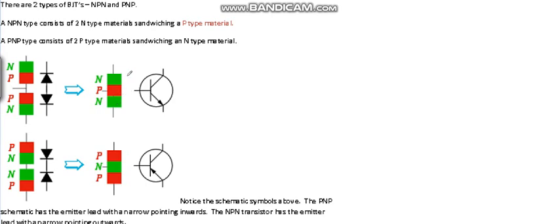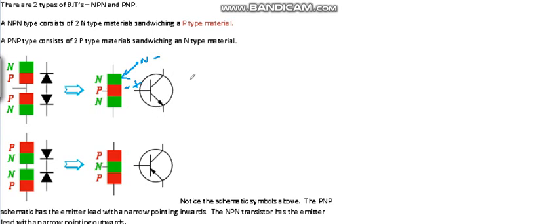The N-type semiconductor material is more negative, in other words it has an excess of electrons. The P-type material is going to have holes for electrons, and then we have N-type again, with excess electrons.